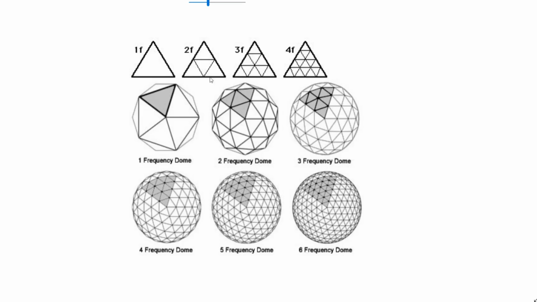And then if you take that triangle and you add more triangles inside it, you can then have a two-frequency dome, and then a three-frequency and four-frequency dome. And as you add more triangles to your main triangle, then of course you get a smoother and smoother transition into this dome or globe, and so it goes on, the 5-frequency dome and the 6-frequency dome.